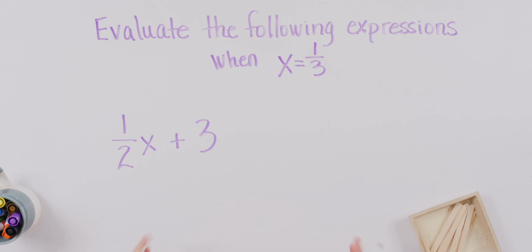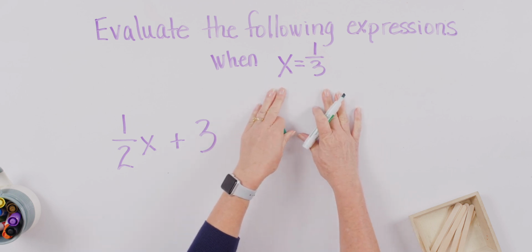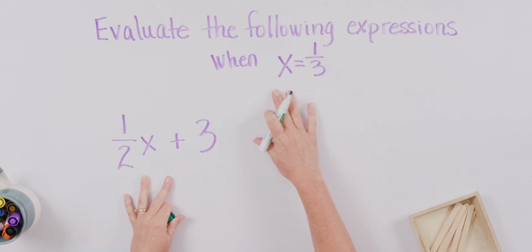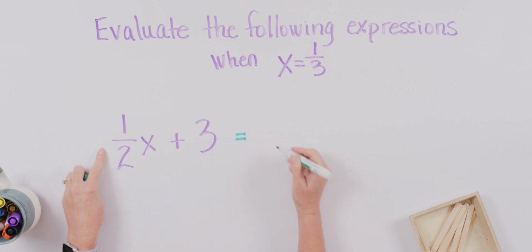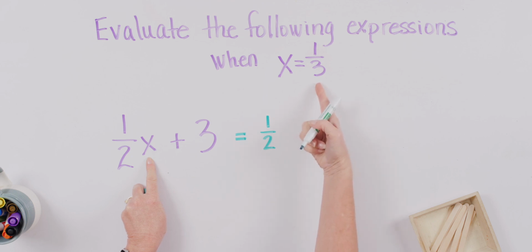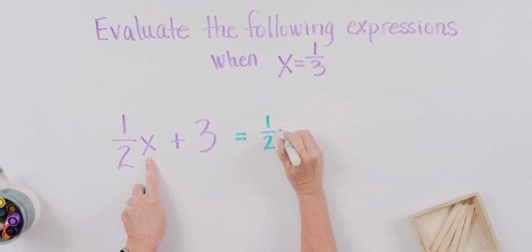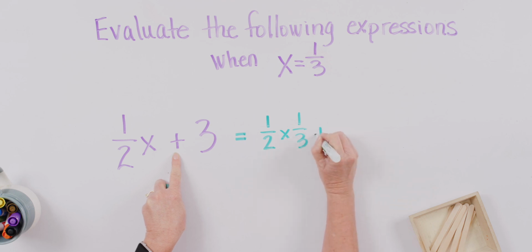All right, now we have x equaling 1/3. So we're going to evaluate this expression now when x equals 1/3. So I have my 1/2, and I'm going to multiply it by my x, which is 1/3. And then I'm going to add my 3.